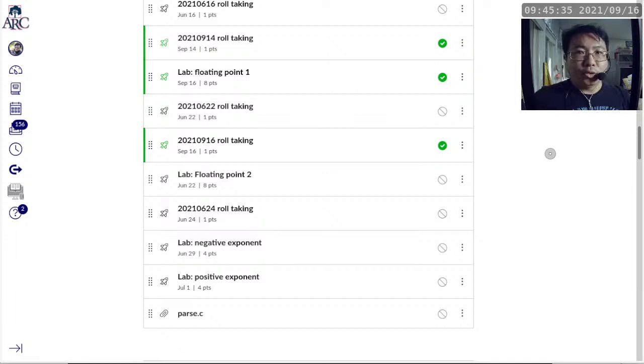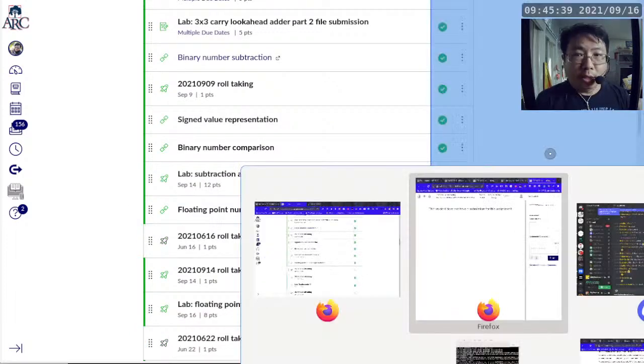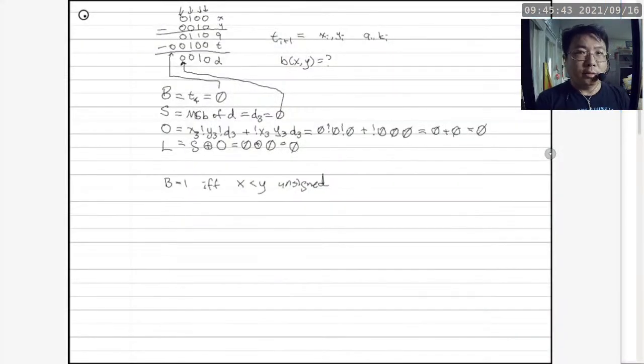All right, so let's get back to our topic and continue to use more examples to explain the concepts. I gave you one example here. So I'm going to give you another example where the B flag is going to be set.